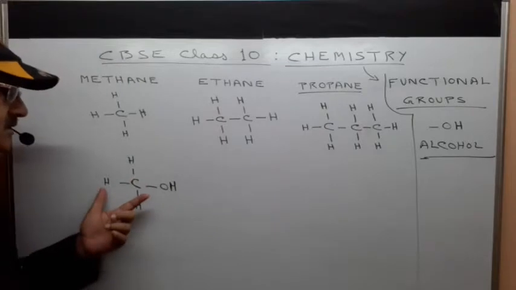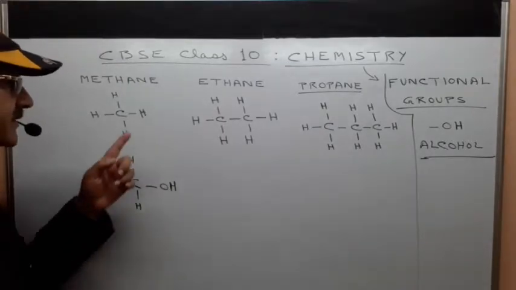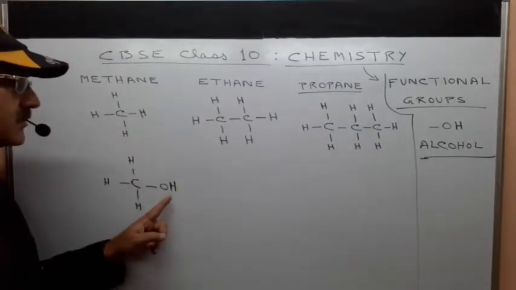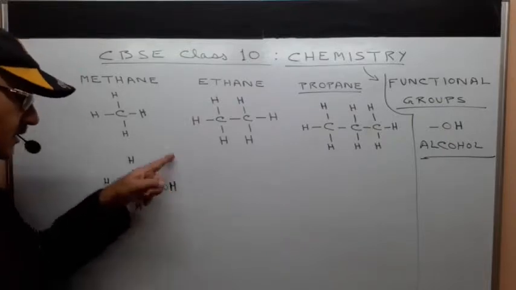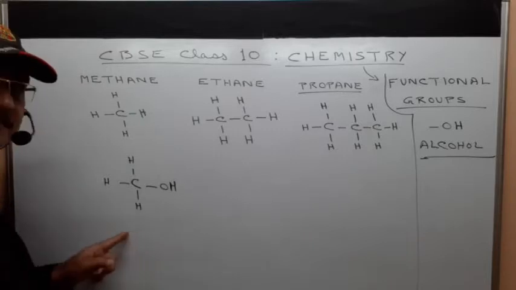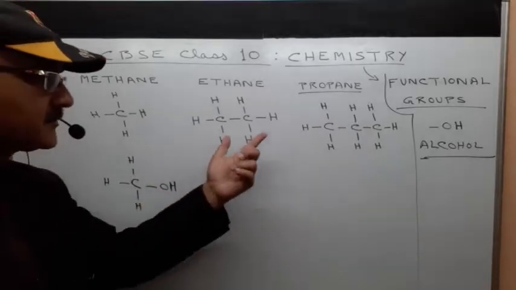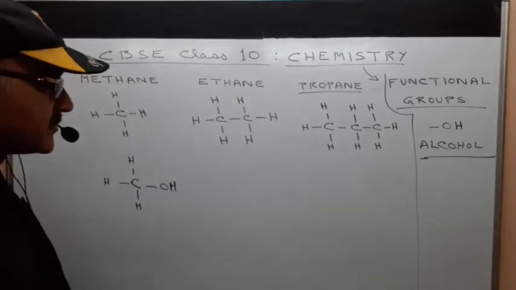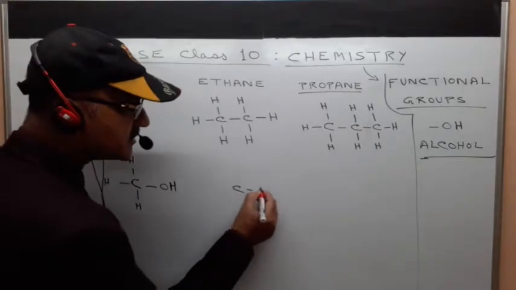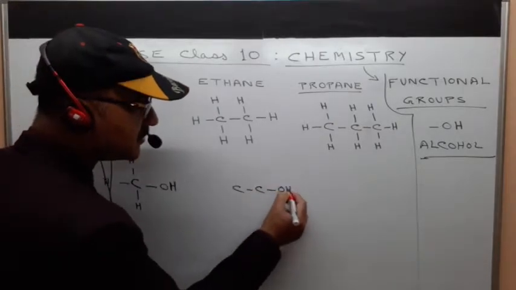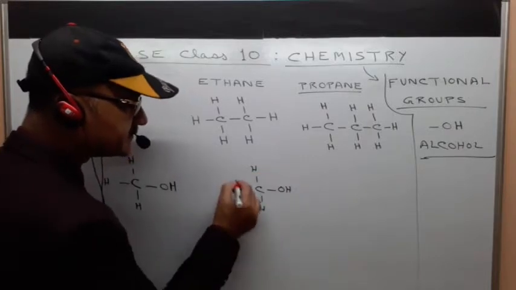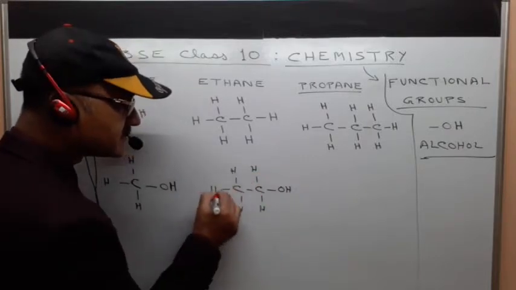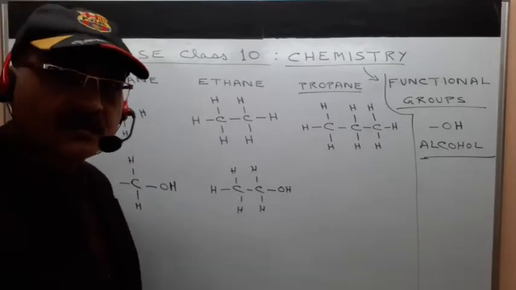So in this situation, when we have replaced one hydrogen atom with the alcohol group OH, its property changes. Here if we replace this with OH, it will look like this, CH3OH. This H will remain. Okay?